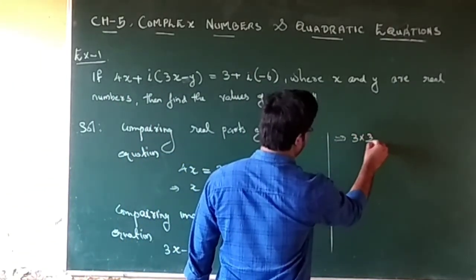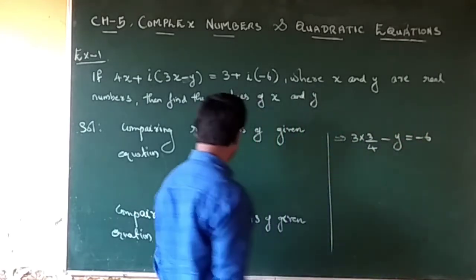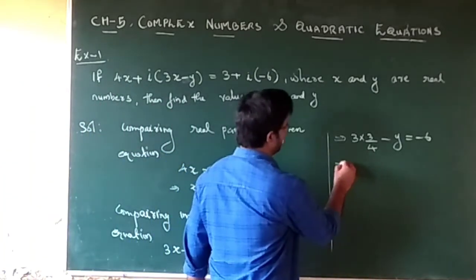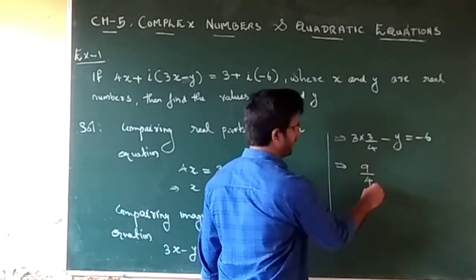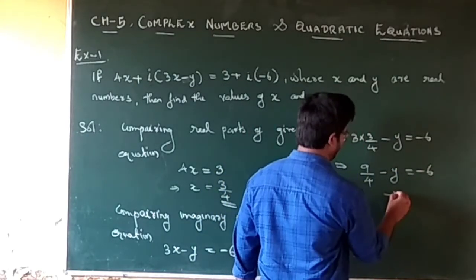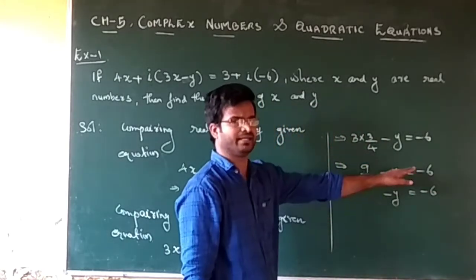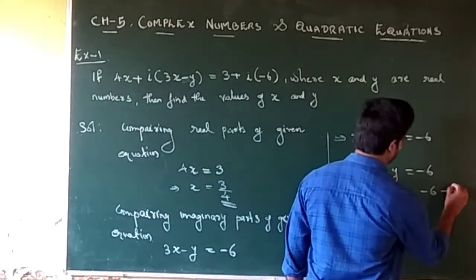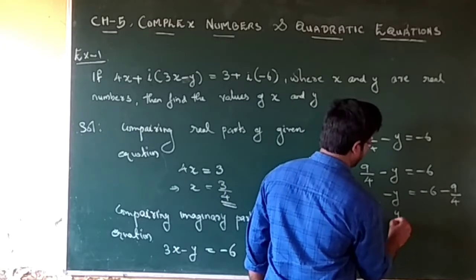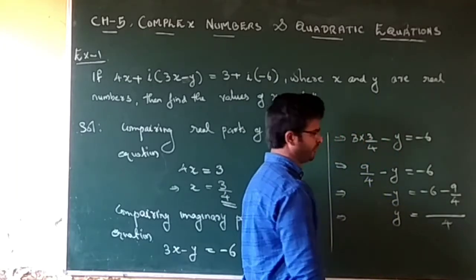3 into 3 by 4 minus y equal to minus 6. In the place of x, just write 3 by 4. 3 into 3, 9. 9 by 4 minus y equal to minus 6. This 9 by 4 bring to the right side, that will be minus 9 by 4. y equal to, LCM is 4, isn't it?